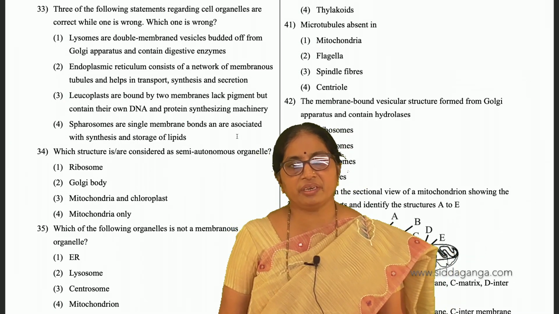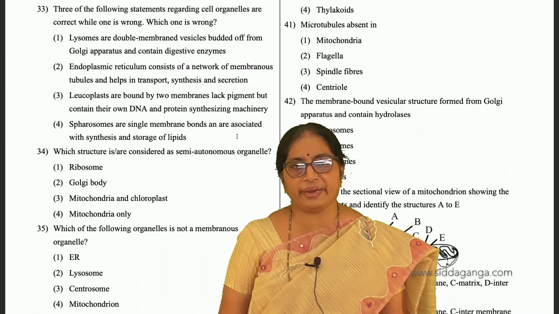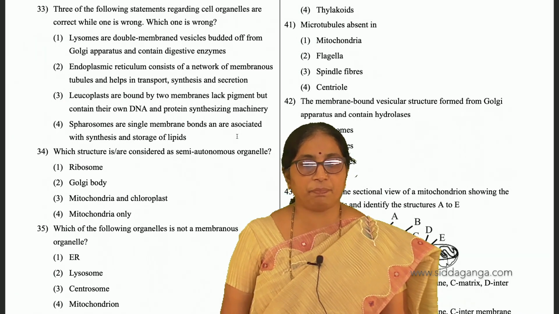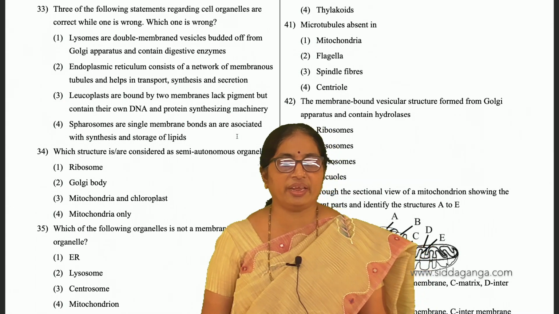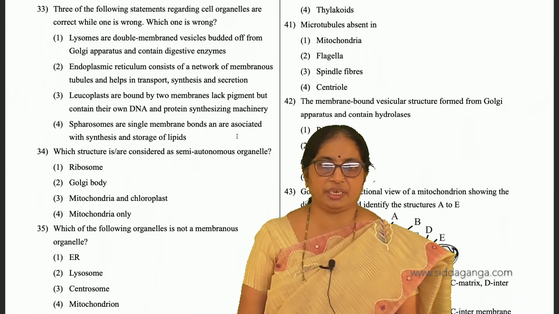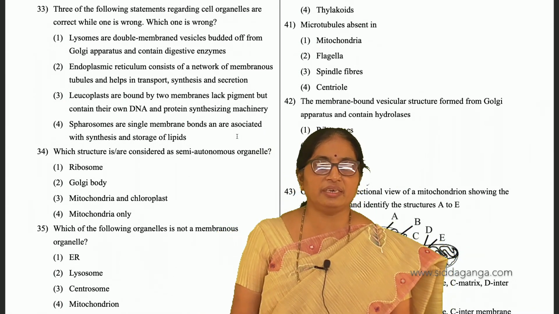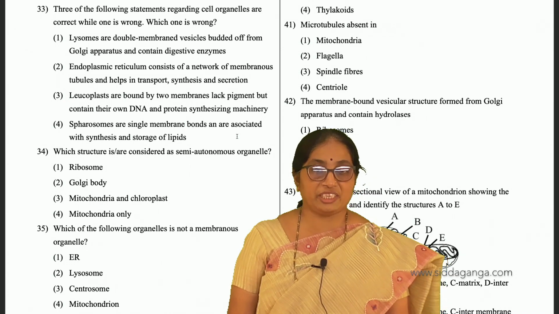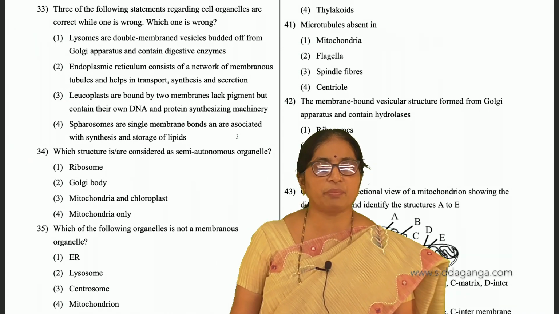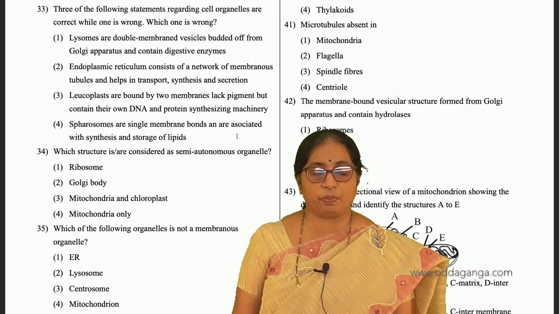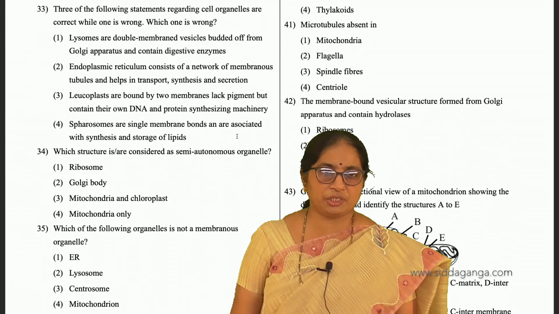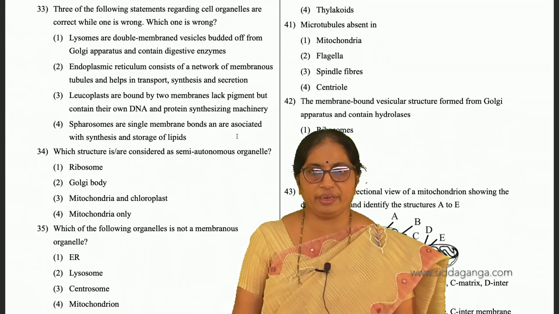The third statement: leucoplasts are bound by 2 membranes, lack pigment but contain their own DNA and protein synthesizing machinery. Of course, leucoplasts are colorless plastids. Plastids are made up of double membrane. Leucoplast is a type of plastid, therefore it is double membrane, we agree with it.